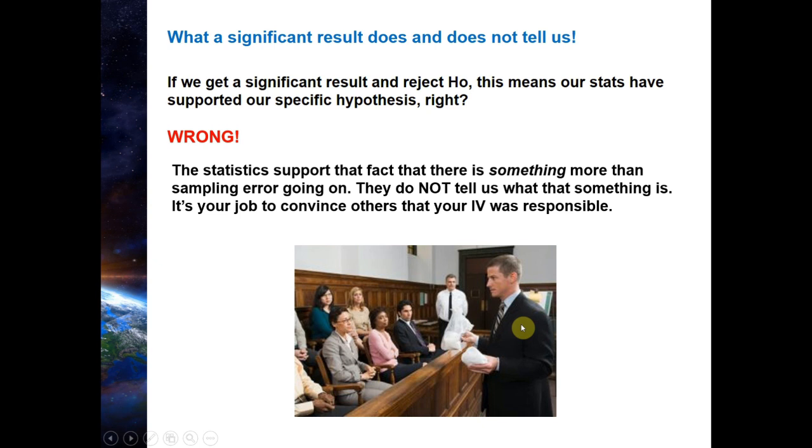But often we have confounds, and these are other variables. They started off as extraneous variables, but then they became confounds when they became different for our groups. And that means that when we see a significant difference between, let's say, group A and group B, we have to argue that it was only because of our independent variable and that there were no other confounds that could explain the results. Right? So you see how that's not easy to do.